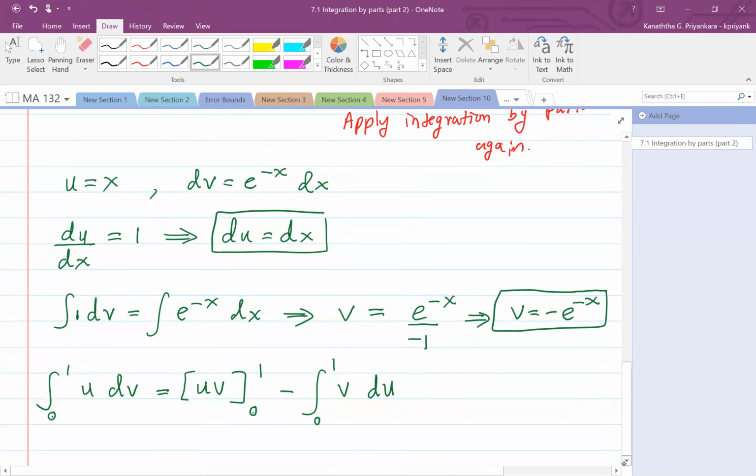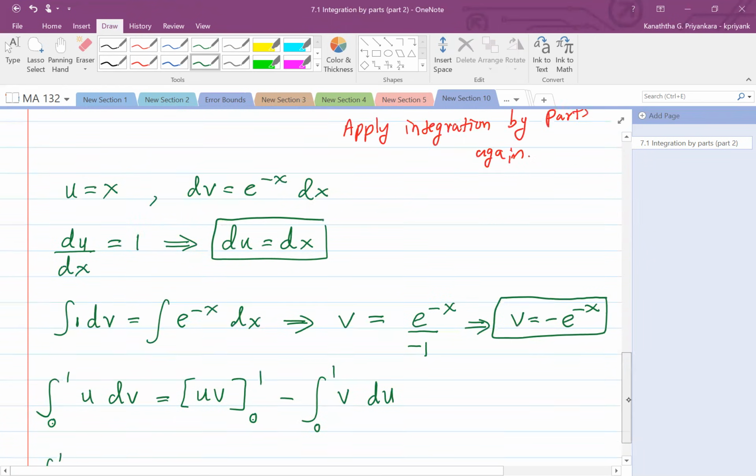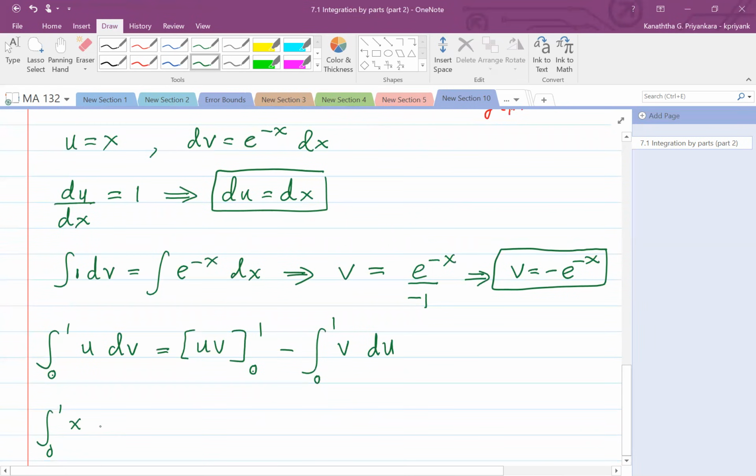So in this case u is x and dv is e to the power negative x dx, and u is x, v is negative e to the power negative x, evaluated from 0 to 1 minus integral from 0 to 1 of v, which is negative e to the power negative x, times du, that is dx.